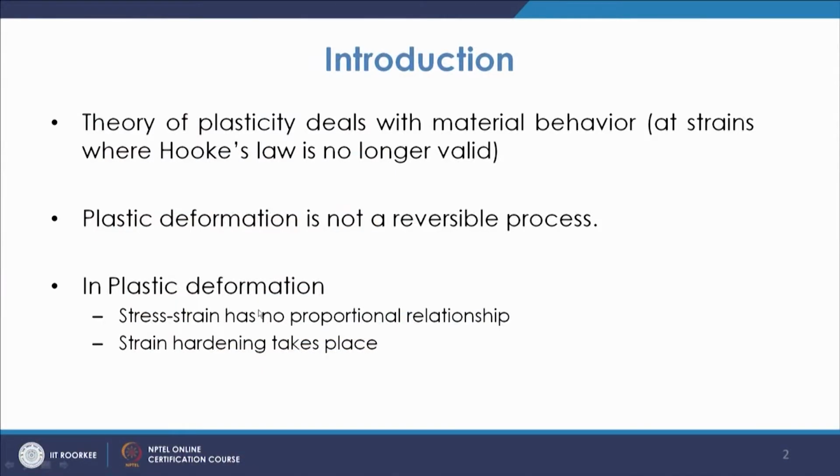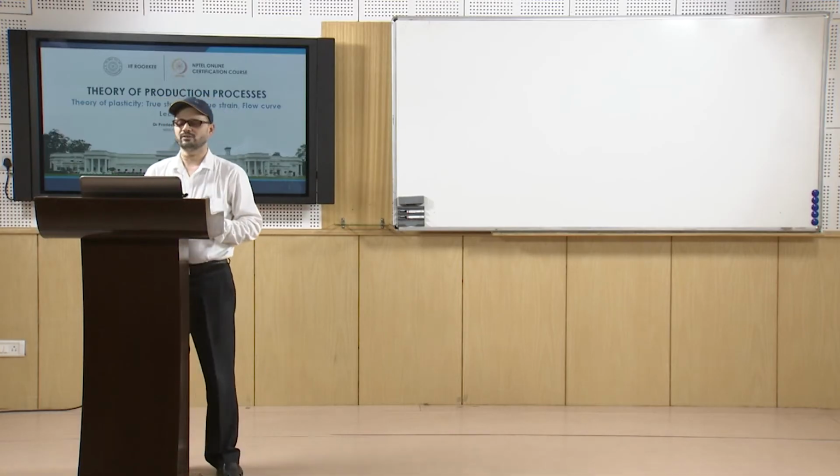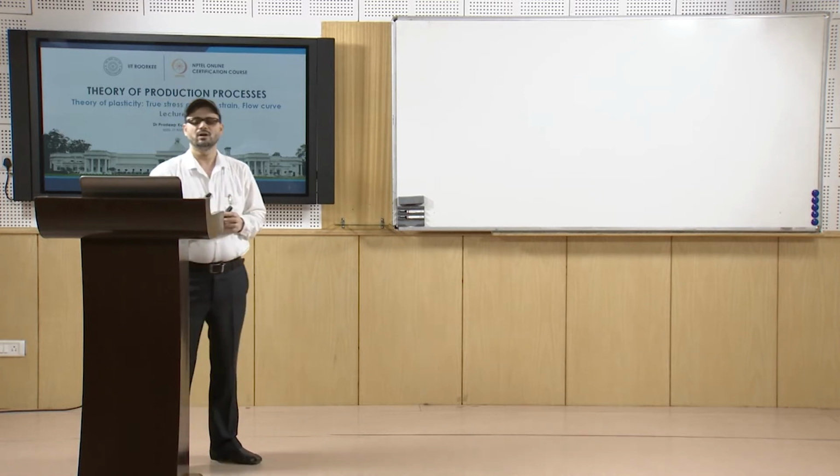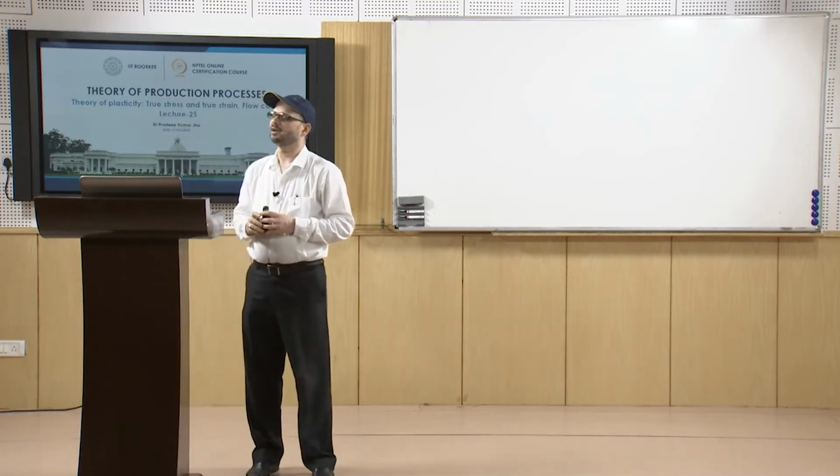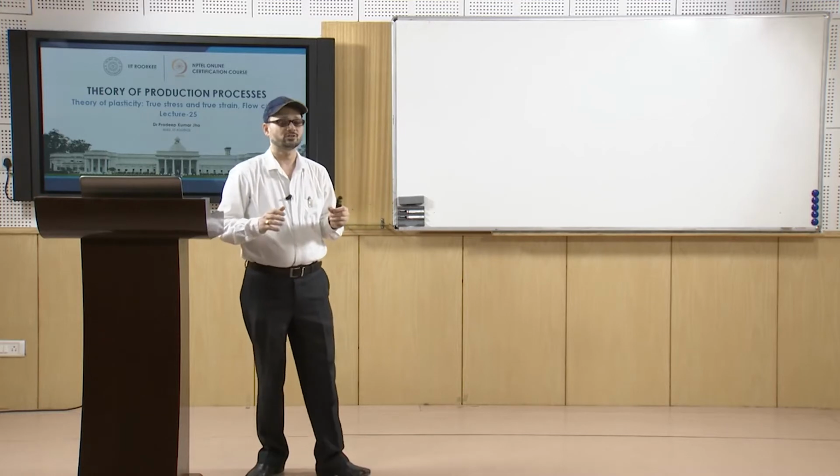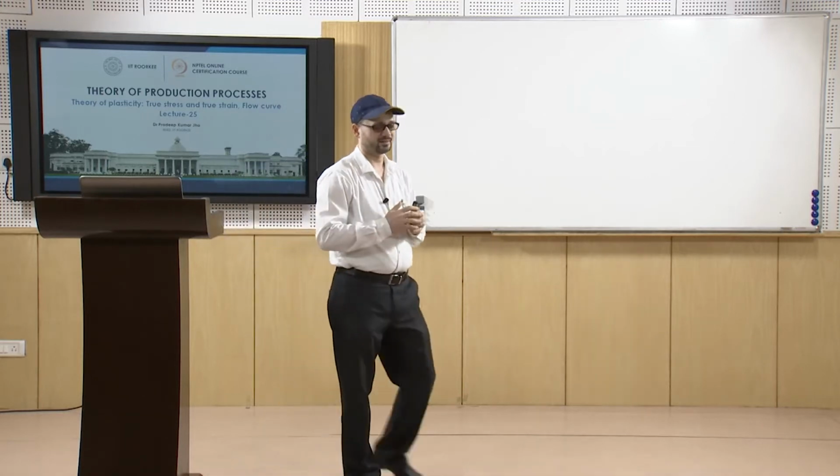Further, in the case of plastic deformation there is no proportional relationship. Then strain hardening also takes place in plastic deformation, which is difficult to accommodate. What is the basic underlying principle?